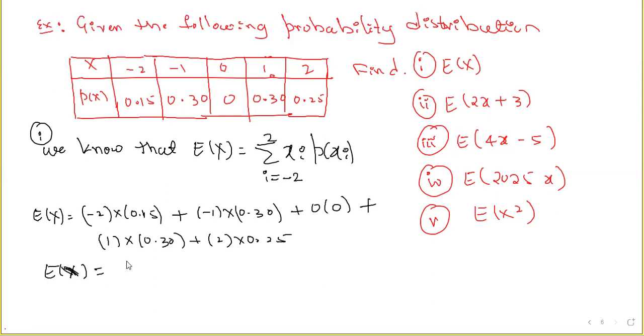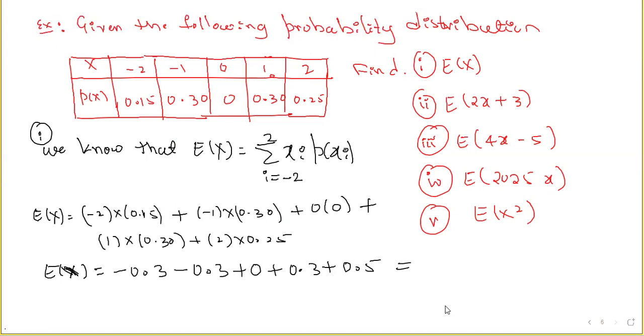equal to, right? So minus 2 into 0.15 is minus 0.3, minus 0.3, plus 0, plus 0.3, plus 0.5, right?